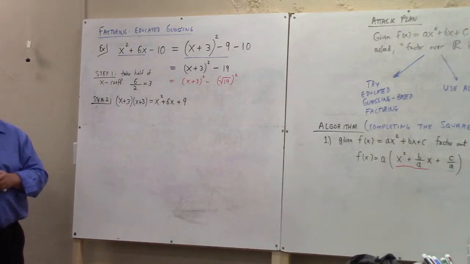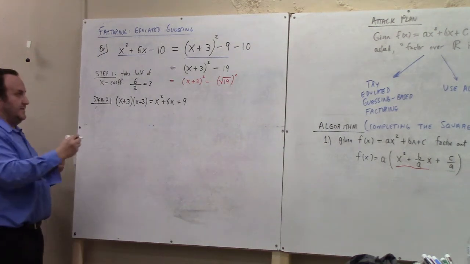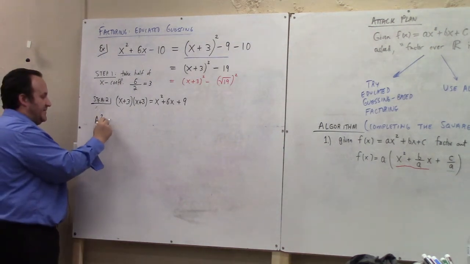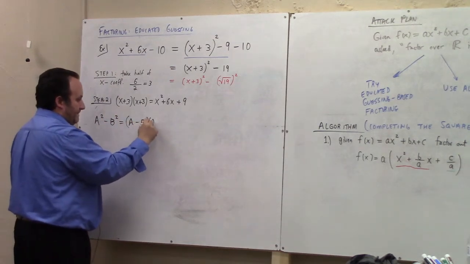So this is really the difference of squares. That's one of our special forms, right? If we have something like a squared minus b squared, we go a minus b, a plus b, right?